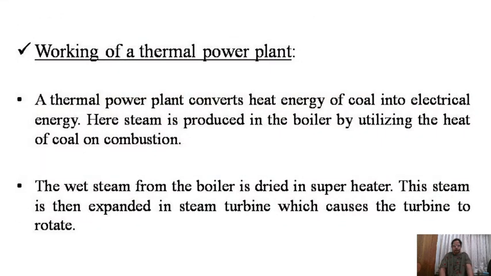Next is the working of a thermal power plant. How does this thermal power plant work? The thermal power plant converts heat energy of coal into electrical energy. Here the steam is produced in the boiler by utilizing the heat of combustion. The wet steam from the boiler is dried in the superheater.